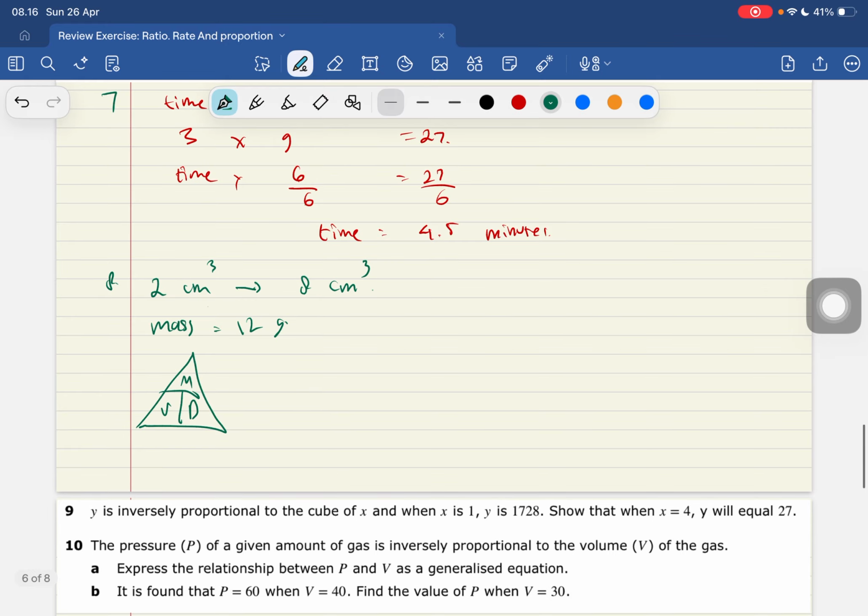So we don't know the density yet. We have the volume and the mass. To find the density, we divide the mass by the volume. So the mass is 12 grams, and we divide by 8 centimeters cubed. So we got the density as 1.5 grams per centimeter cubed.